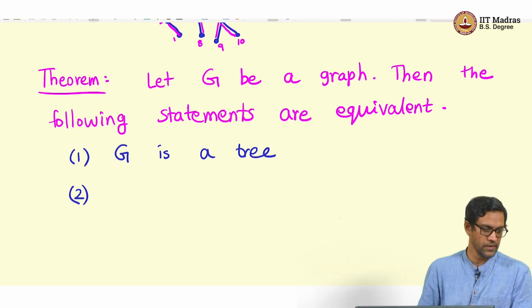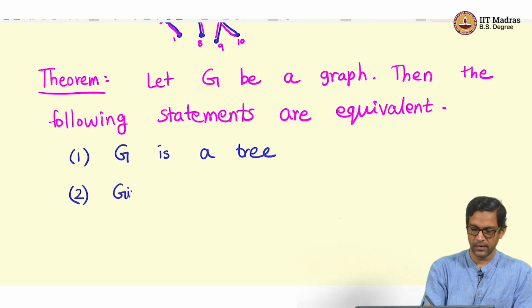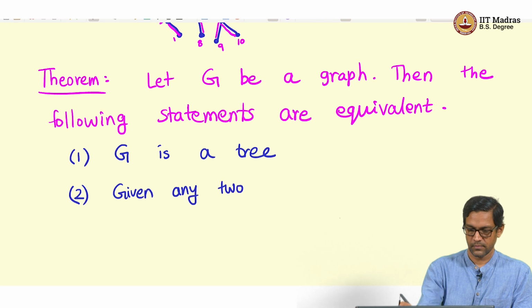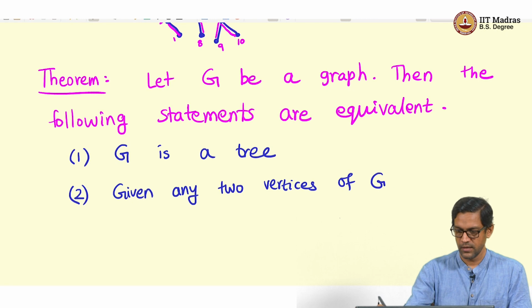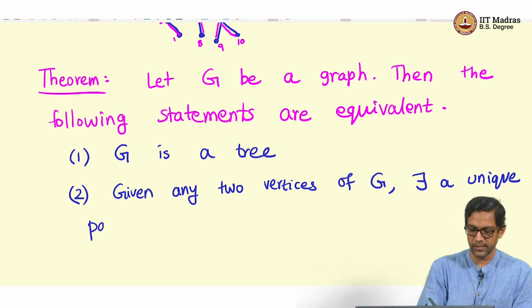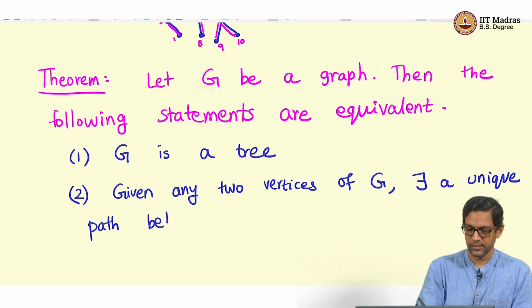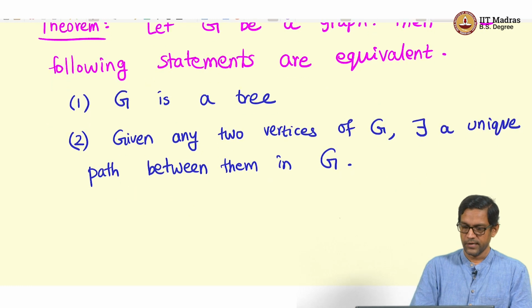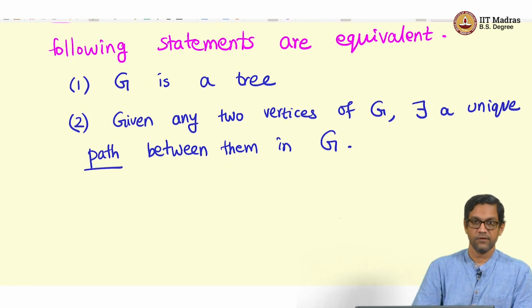And we are claiming this statement is equivalent to the following statement, that given any 2 vertices of G, there exists a unique, meaning just one single path, there exists a unique path between them in the graph G. Okay, and recall, what is a path in a graph?